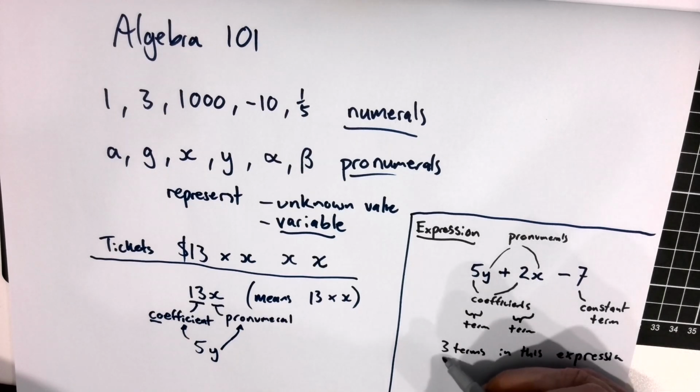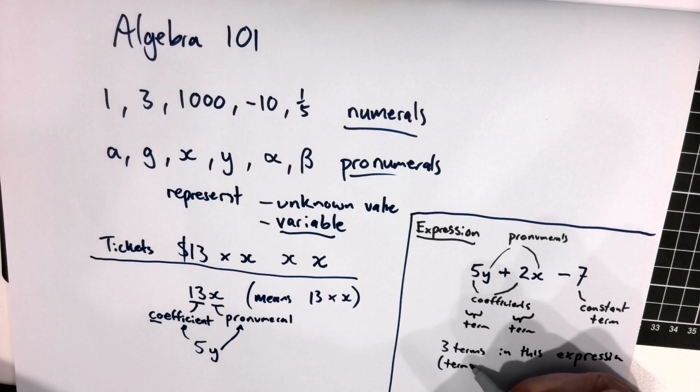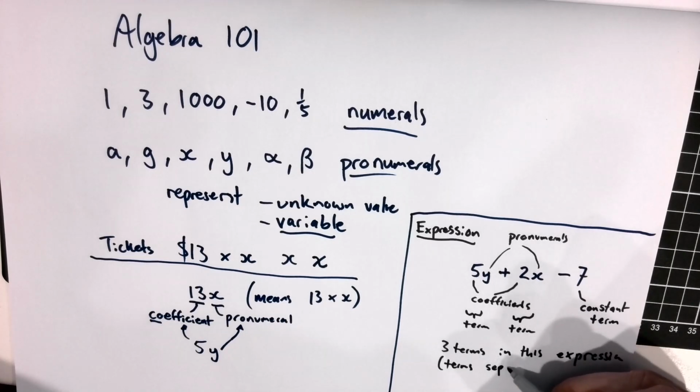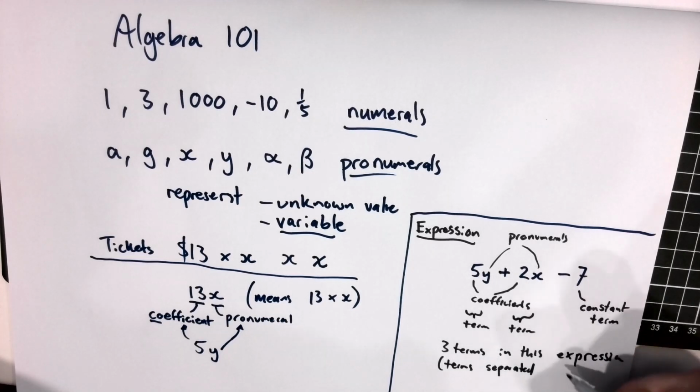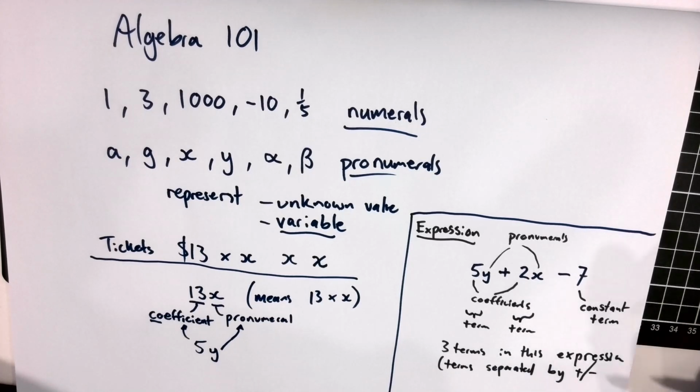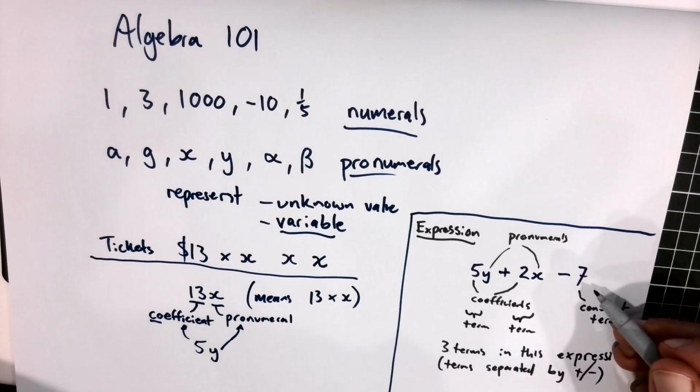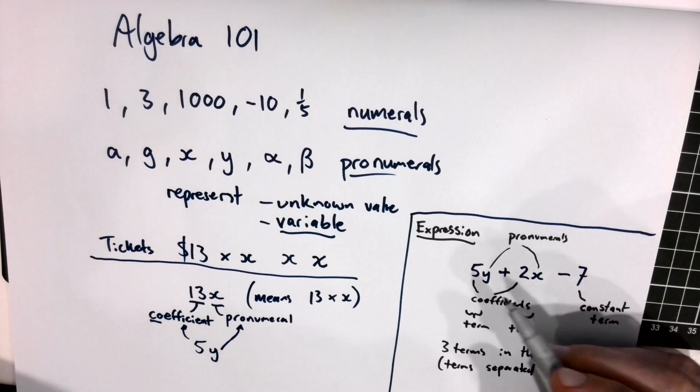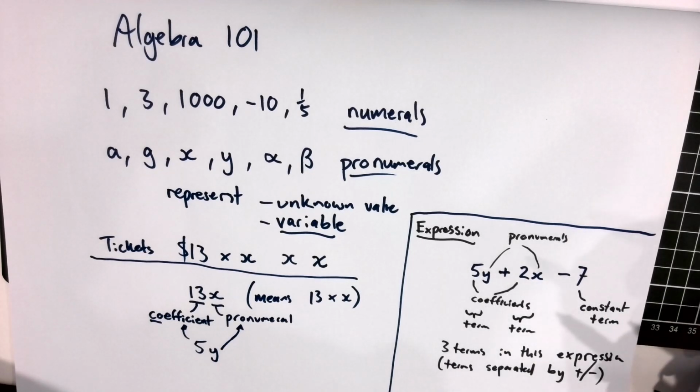So, you know, terms are separated by a plus or a minus. That's how we know how many terms there are. There are 3 terms in this expression, and we have one constant term, we have a term that has a y in it, we have a term that has an x in it, and we have a term that's got 5 as coefficient, and we've got a term that's got 2 as a coefficient.